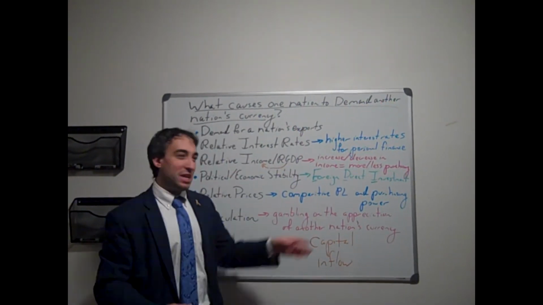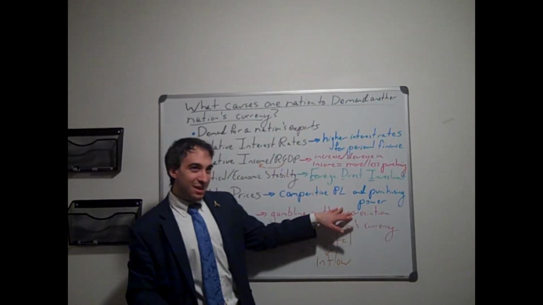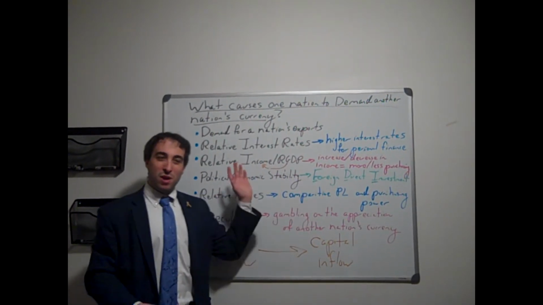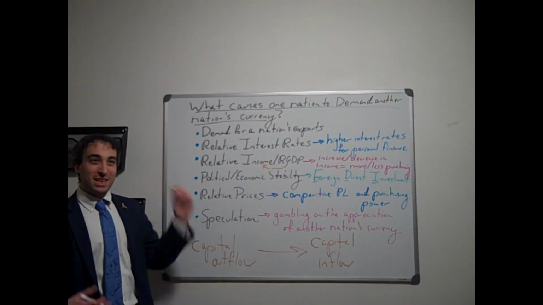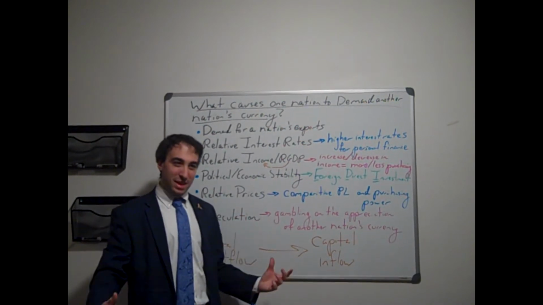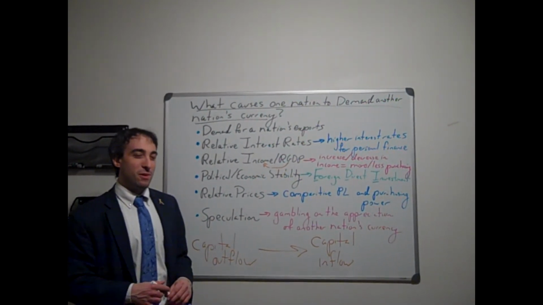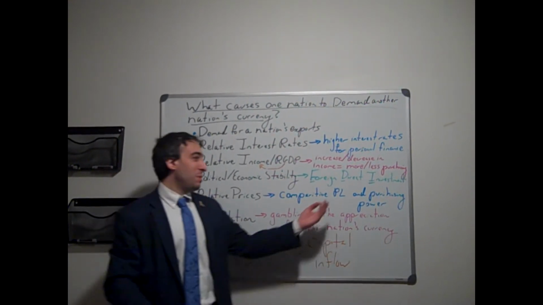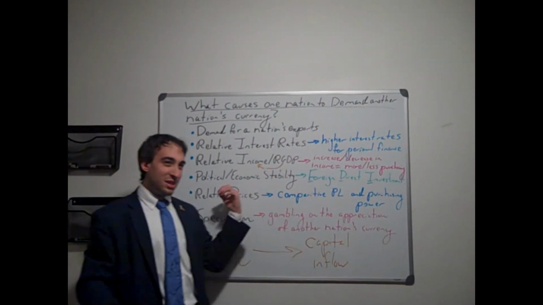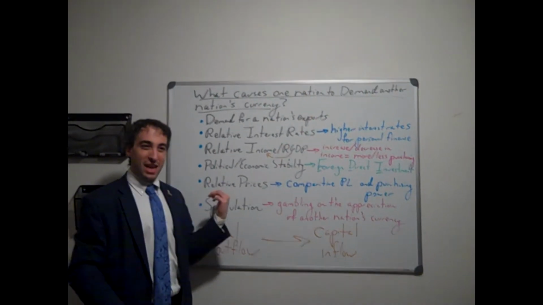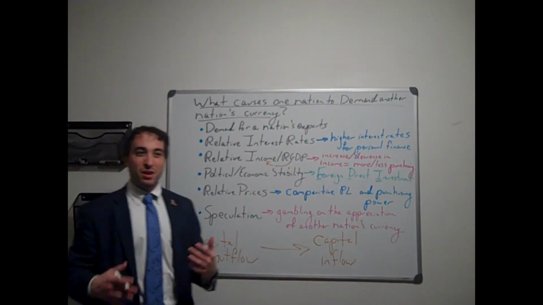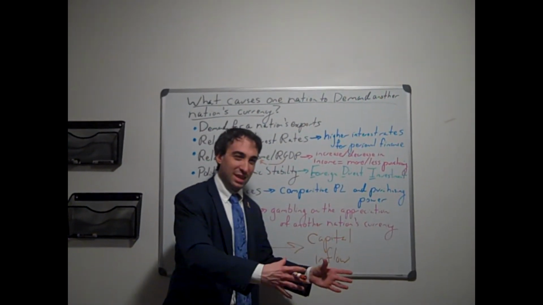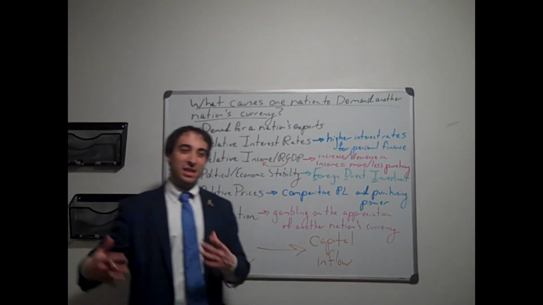Inversely, the people of nation B are not going to want to buy products from nation A because nation A is suffering from massive inflation. So therefore it costs more. If it costs more for their own citizens to buy the product, the people of nation B are not going to touch nation A's products. They're going to have to convert even more of their currency just to buy one of nation A's products.